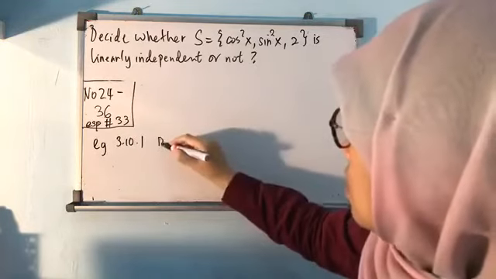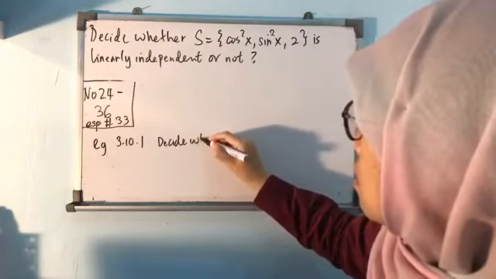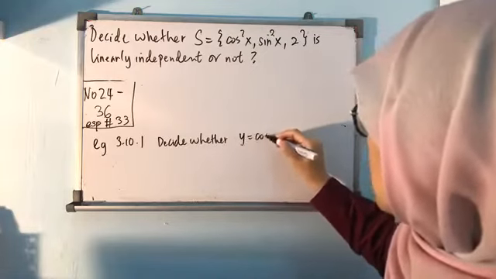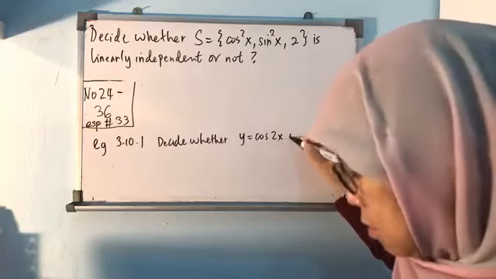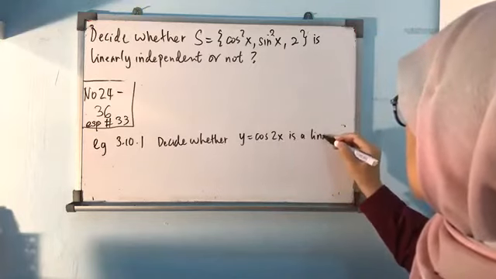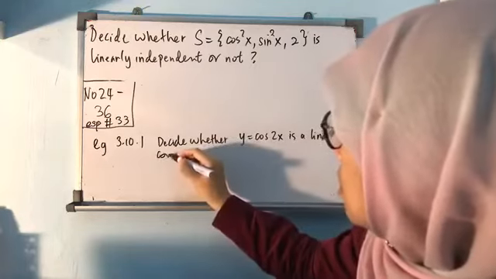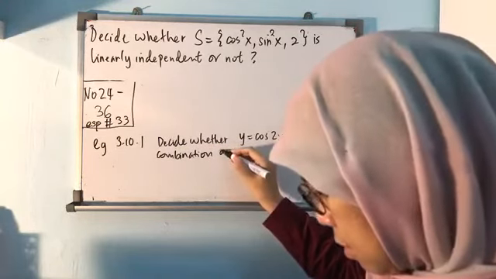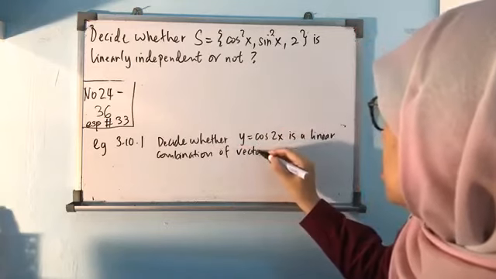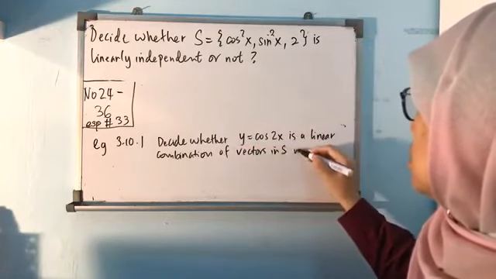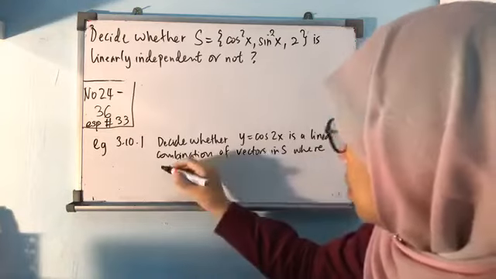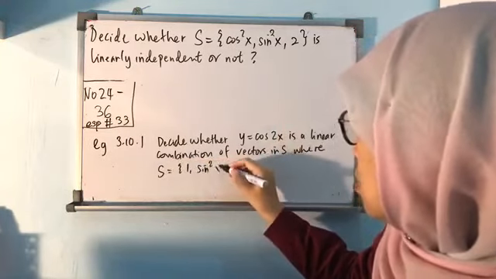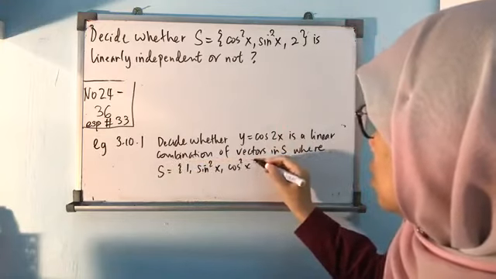Okay, this one: decide whether y is cosine 2x is a linear combination of vectors in S, where S equals 1, sine squared, cosine squared.